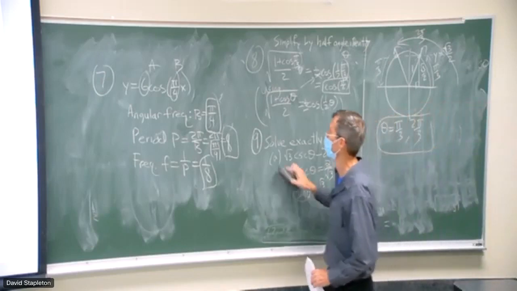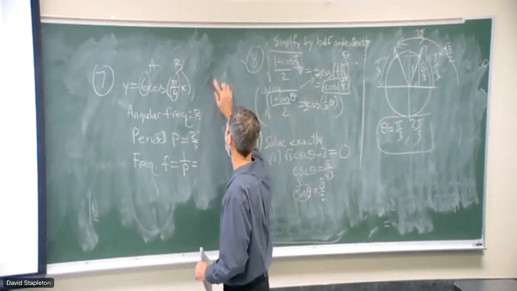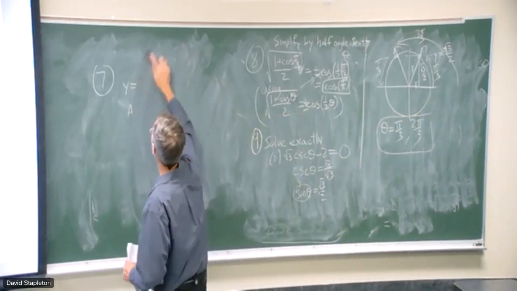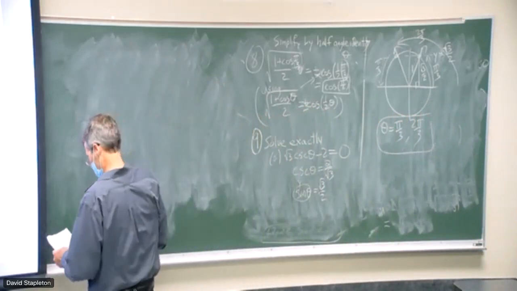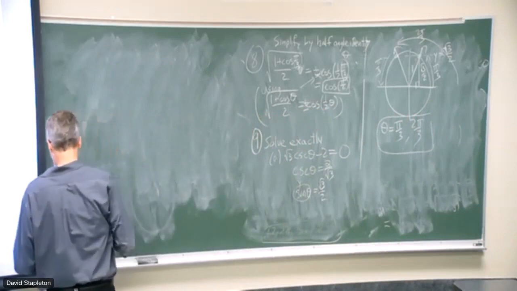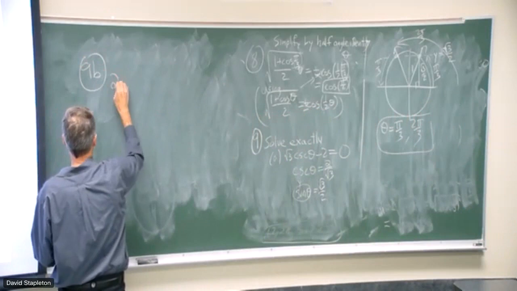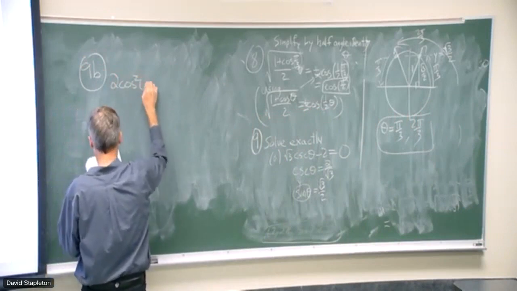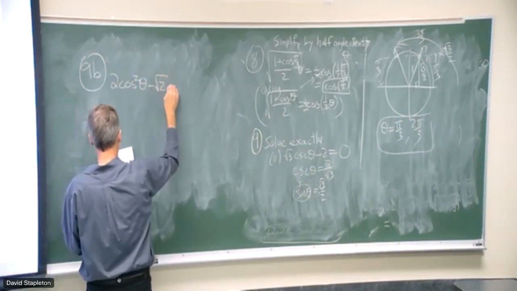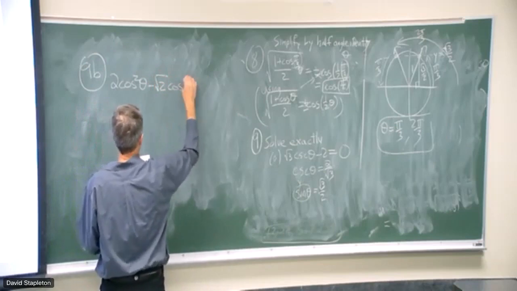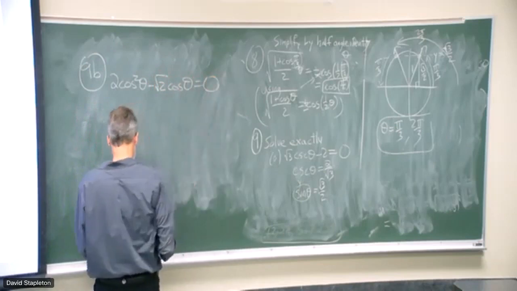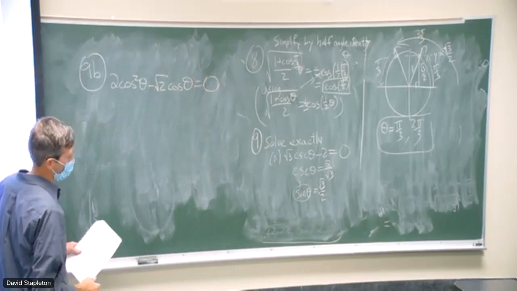All right. Now, 9b, this is one of the harder ones. If I have 2 cosine squared theta minus square root 2 cosine theta equals 0, I've got a quadratic equation in cosine theta, right?